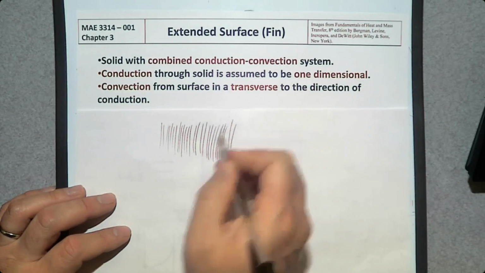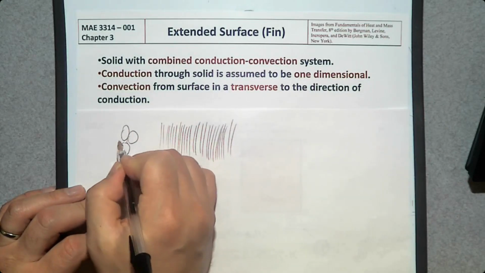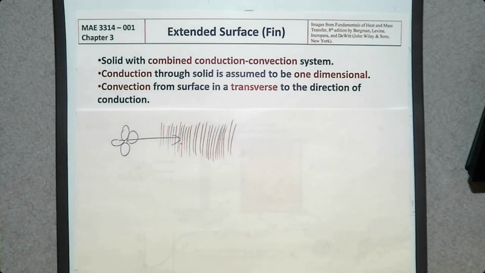And radiator. And there's a fan blowing air in this way, right? This is a fin. Then what is this fin? Fin is an extended surface trying to maximize the rate of heat transfer.